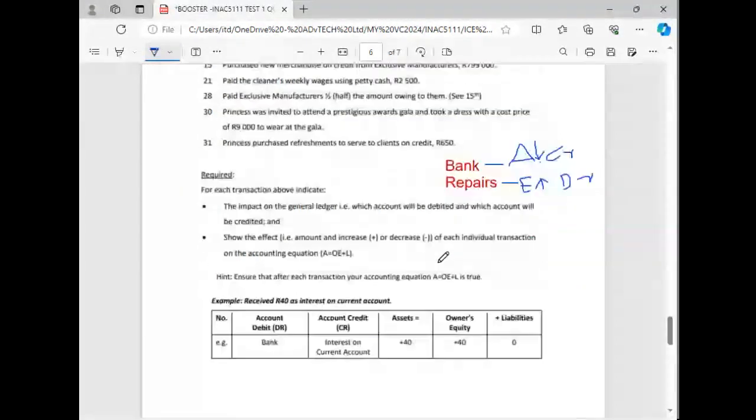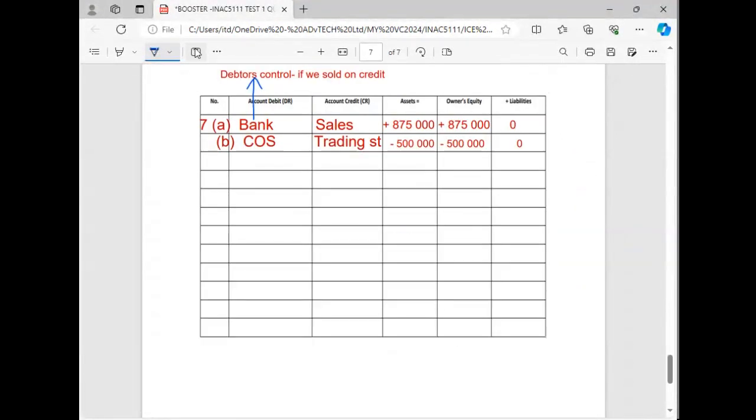Yes, it's the 10th. Because we're paying for the bank repairs. Give me the account debited. The account debited, so spending money, that would be repairs. That's increasing. And then bank would be on the credit side, I think. Perfect. I like that.